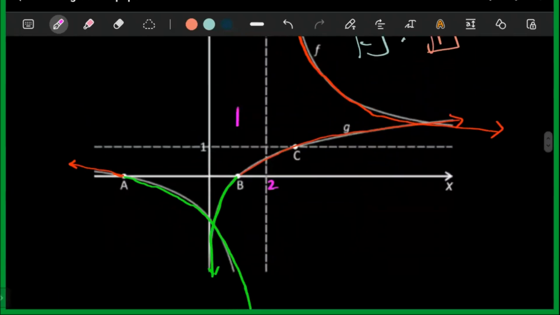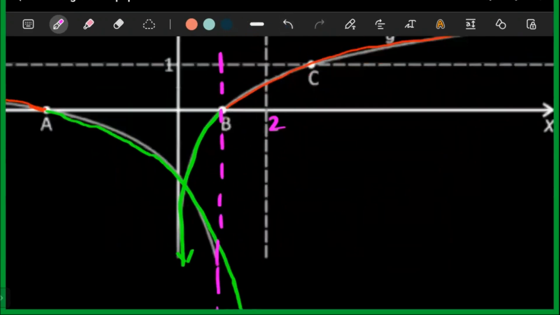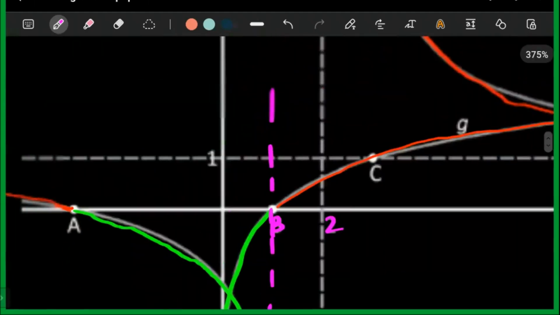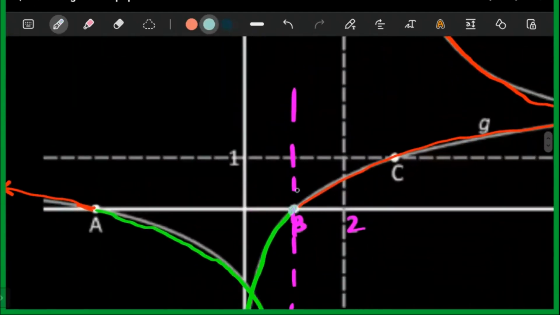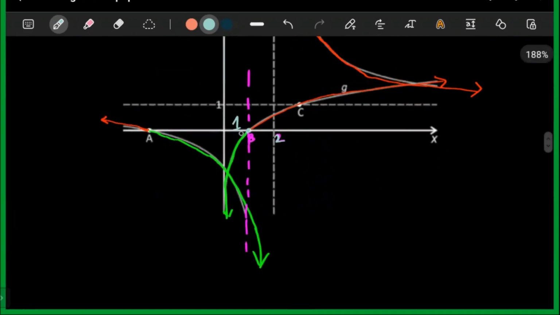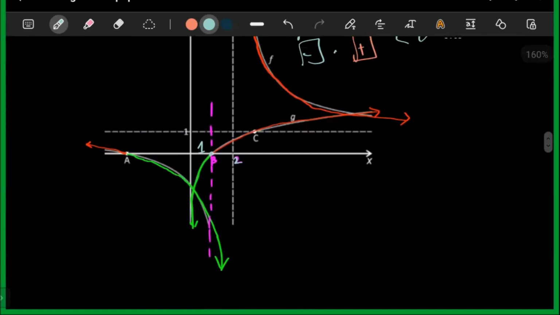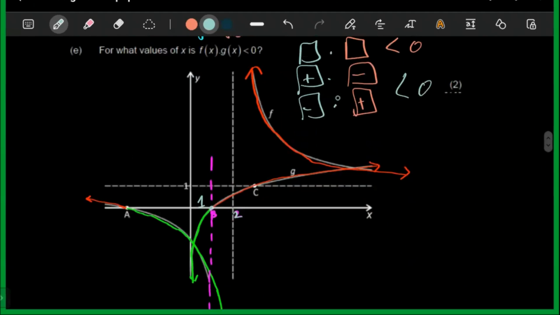Between 2 and 1, between x value of 1 and x value of 2, these are negative y values and these are positive y values. So that's a space that qualifies. Moving to the left, both have negative y values, so it doesn't count, all the way to infinity to the left. So there's only one space where you have positive and negative y values.